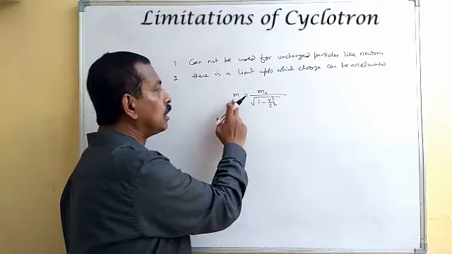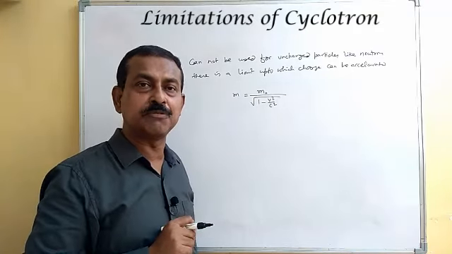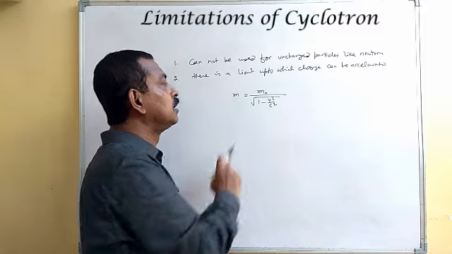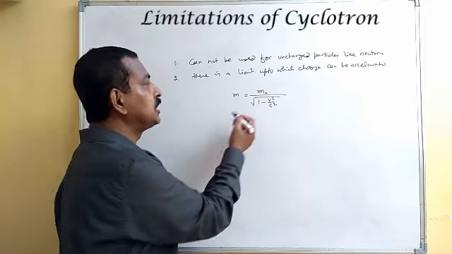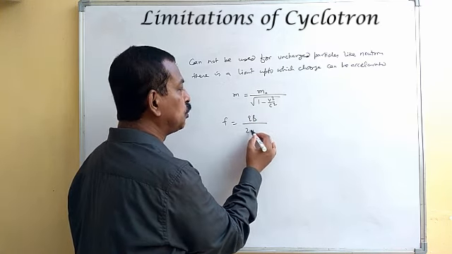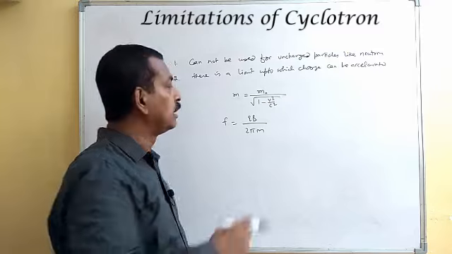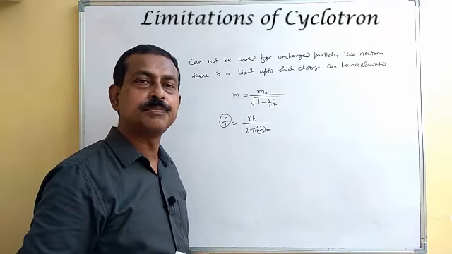Now here, if the charged particle is moving with a certain velocity and the velocity approaches the speed of light or becomes comparable with it, the mass will change appreciably. And if the mass changes appreciably, then the frequency, which was qB by 2 pi m, will not remain constant.